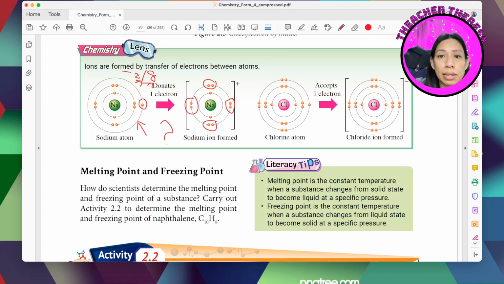Here the same thing: we look at the chlorine atom, whose valence shell, the N shell, hasn't reached either octet or duplet. So it will receive 1 electron. How does it receive or donate an electron? Through chemical reaction.